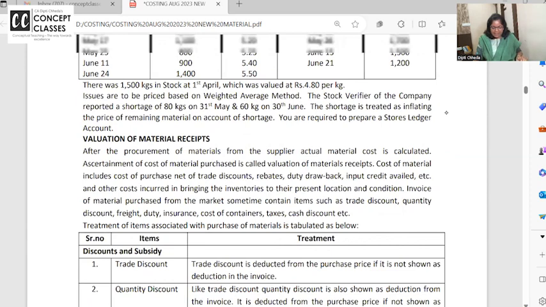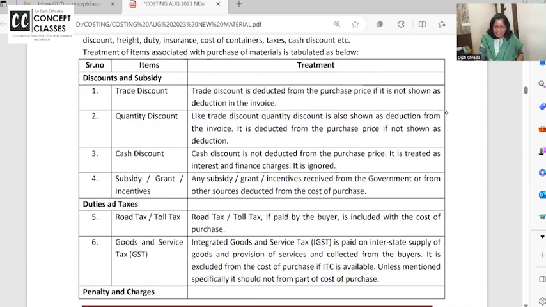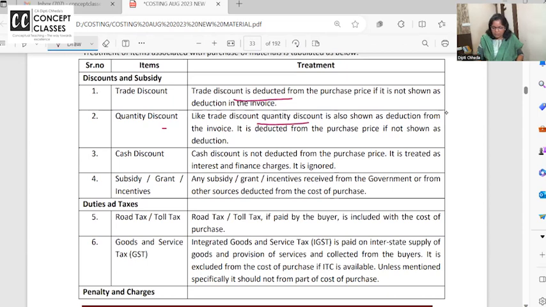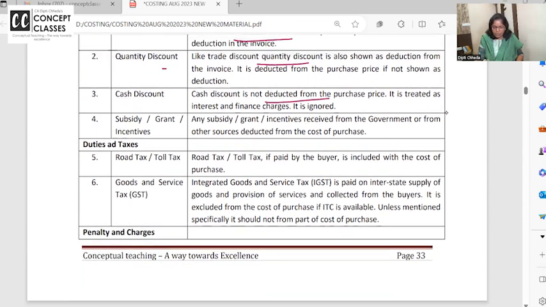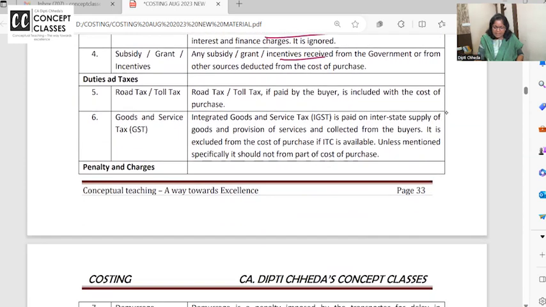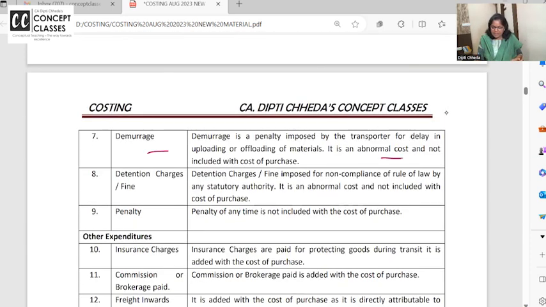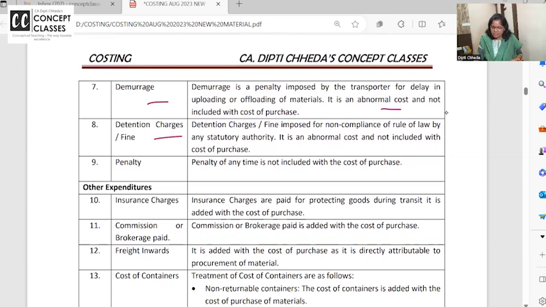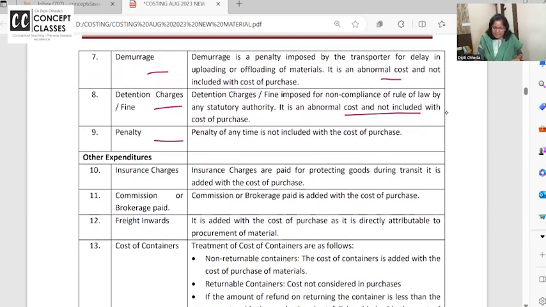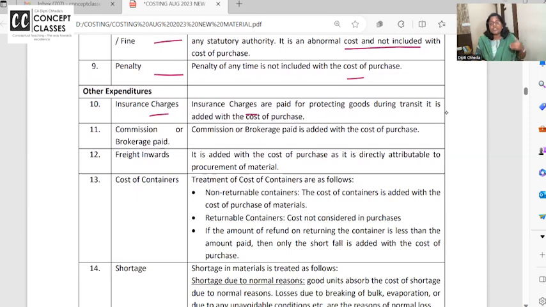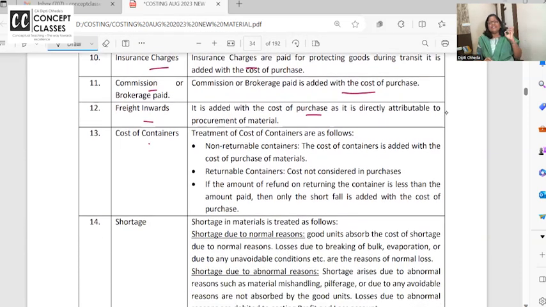All right. Let us check whatever material I receive: trade discount minus, quantity discount minus, cash discount don't consider, grants and all minus, toll tax and all include, GST if ITC is availed don't take it, demurrage charges is abnormal cost don't take it, detention charges don't take it, penalties don't take it, insurance charges of course if it is in transit take, commission if you have paid for purchases add, freight inward add, cost of the containers superb.